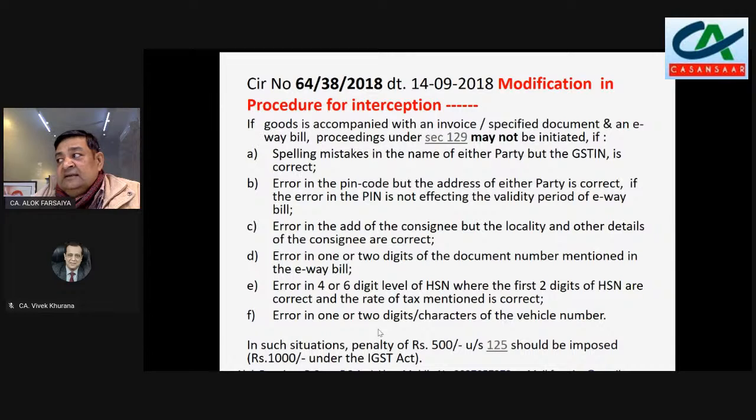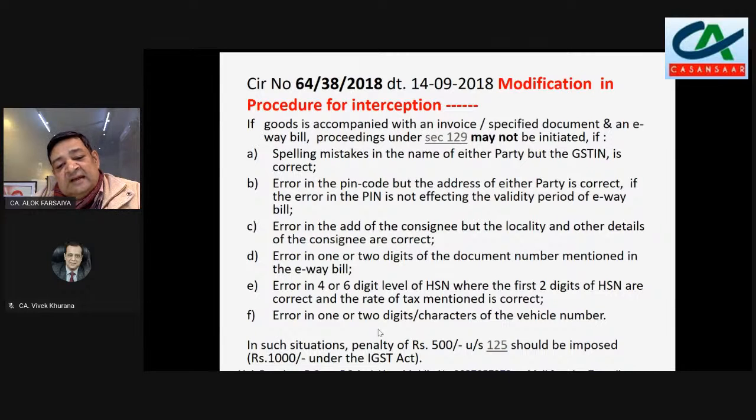Next error is regarding mentioning the address of the recipient. As I said, my goods are going to Rohtak, but I mentioned the address of the head office of the recipient. If these sorts of errors are there, or in mentioning the invoice number, my invoice number is 123, I mentioned 132, or similar clerical errors.